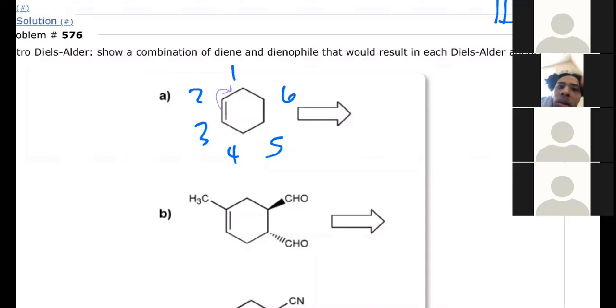Because you're going to have to break this bond now, right? Because if you don't, then the carbon at number 1 is going to have too many bonds to it. Where would your next arrow go? I'm with you.